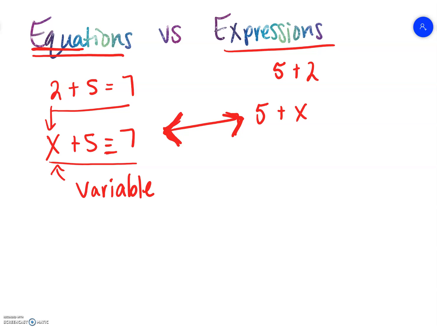So we would know that x equals 2. And in an expression, we have no way of knowing what that x equals. We can make guesses, but because we don't know what the whole thing equals, we don't know what the variable equals. So equations you can solve, but expressions you can only simplify.